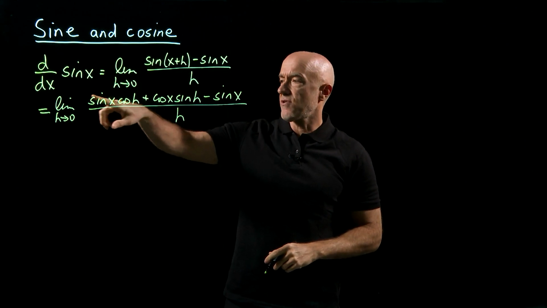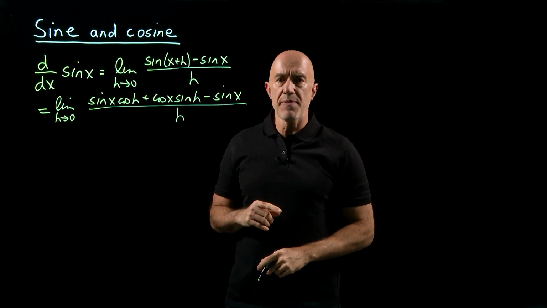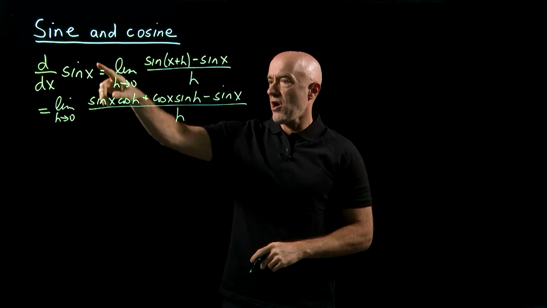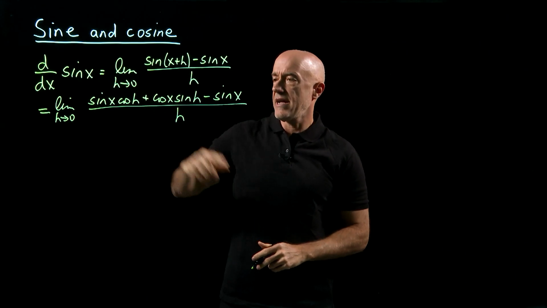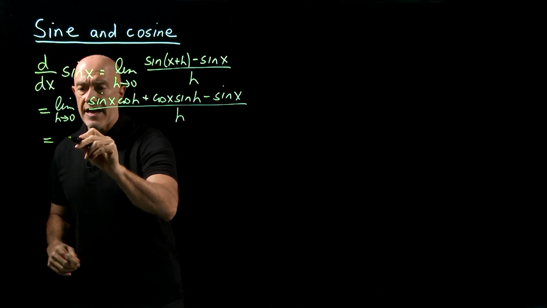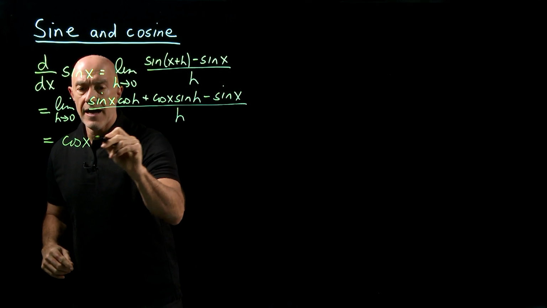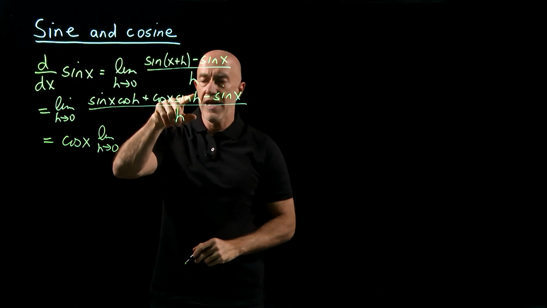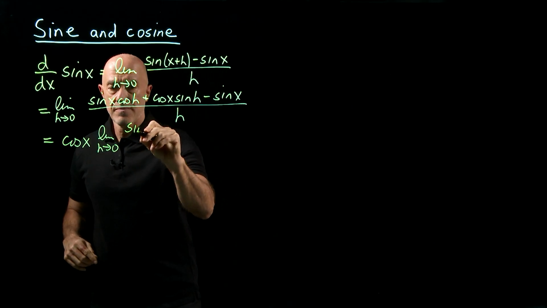We can factor out of the limit things that don't depend on h. So let's start with cosine x. That will be cosine x times the limit as h goes to 0. We have a sine h over h.